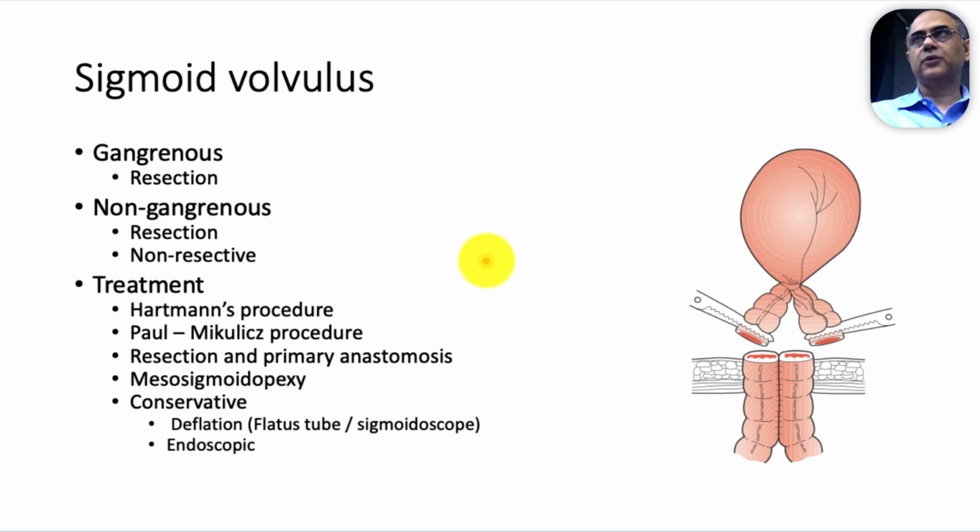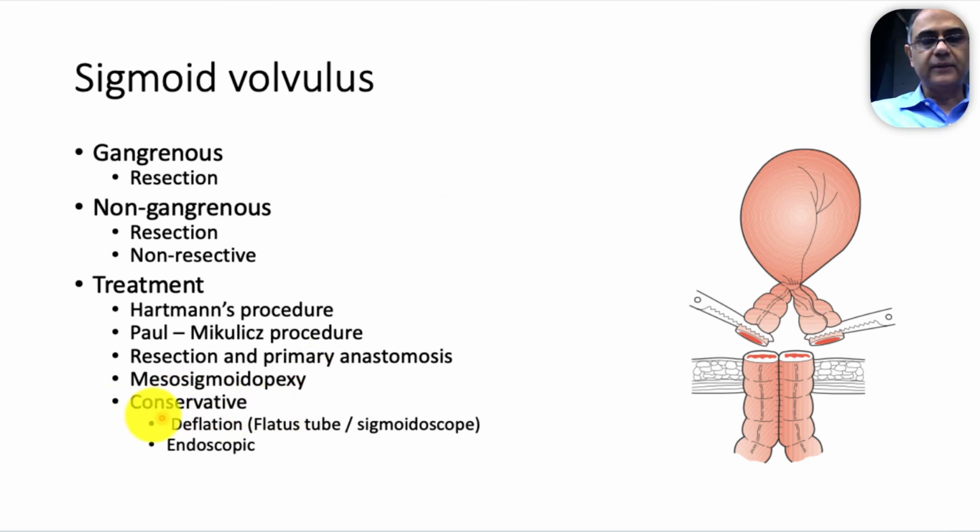Number one, conservative approach. Number two, surgical approach. And the third option will be optimization of the patient throughout. Because this patient will be in hypovolemic shock, this patient can be in septic shock, so you have to resuscitate the patient and try to judge whether you want to give a conservative treatment or a surgical treatment.